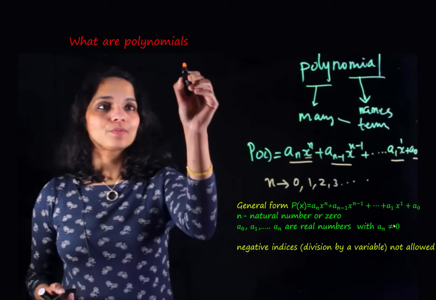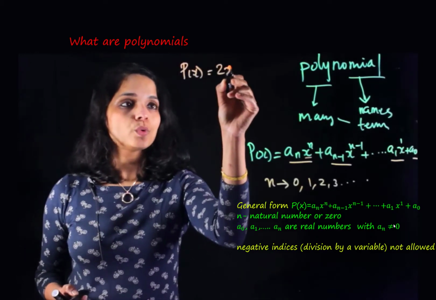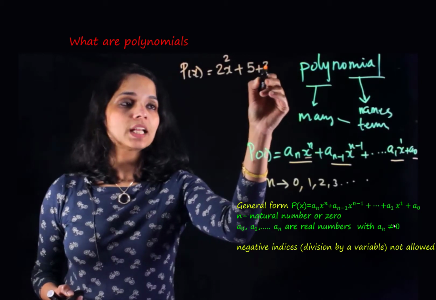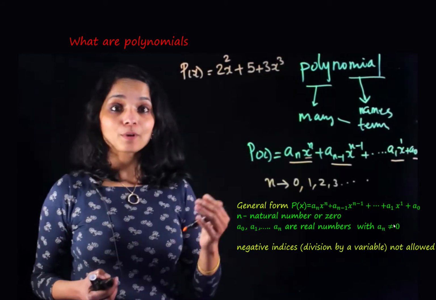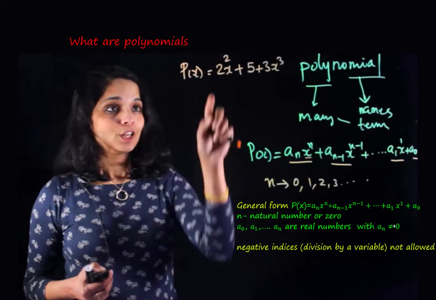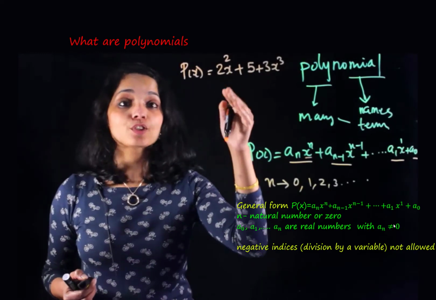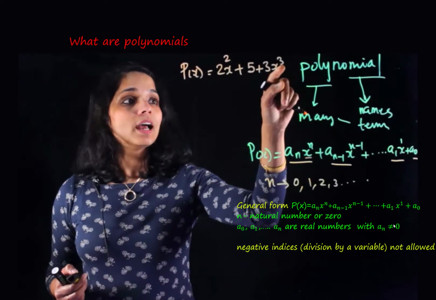I have a function of x which is 2x squared plus 5 plus 3x cubed. Is that a polynomial or not? Look at the indices. 2, and 5 is x to the power 0, which is how we write a constant, and 3.